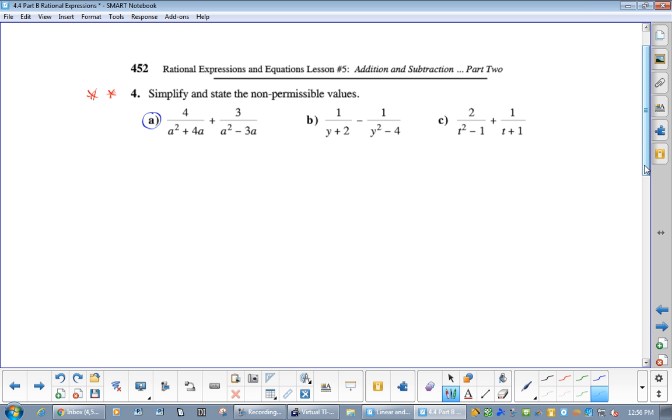If it was a squared minus 4, but it's a squared plus 4a, so it really fails on a lot of levels. What can I do? Take out an a for the first one, which would leave me with a plus 4. And on the second one, take out an a, leaving me with a minus 3.